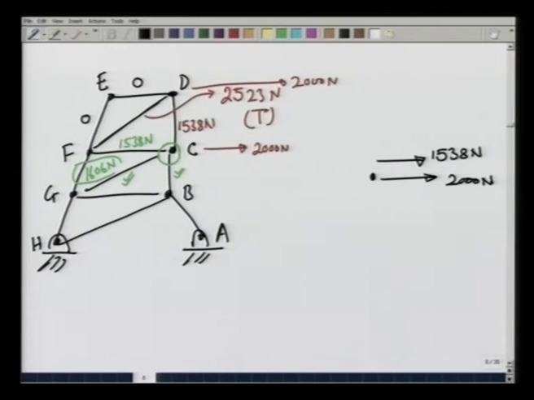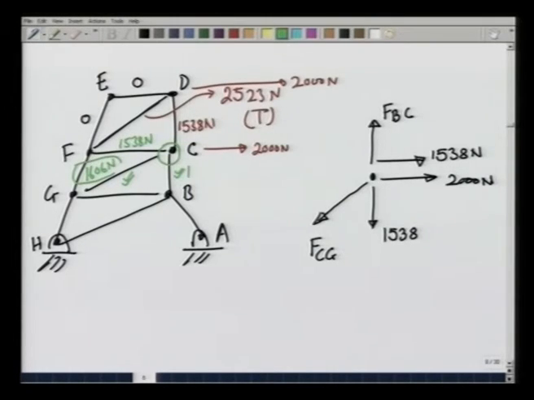Similarly, Fcd, which is a force which was pushing point D up, is going to push this point C down with 1538 newtons. Then in anticipation, we are going to have Fcg acting in this way and Fbc acting up. The two unknown forces here are of course Fbc and Fcg.